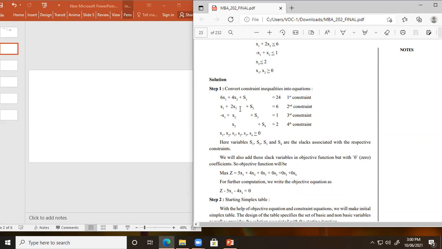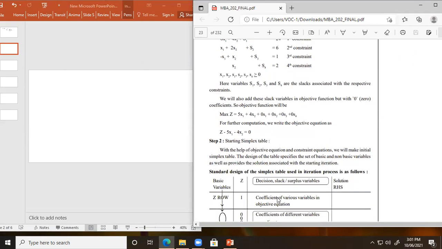This is the first constraint. s1, s2, s3 and s4 are the slack variables associated with the respective constraints. We will also add these slack variables in the objective function with 0 coefficient.